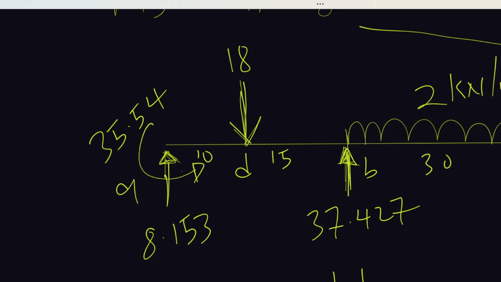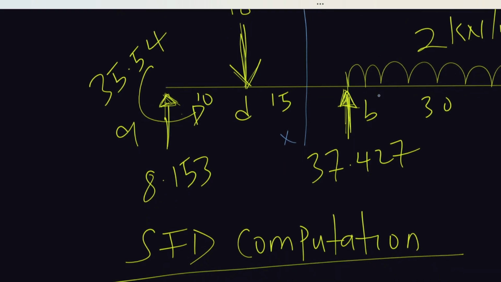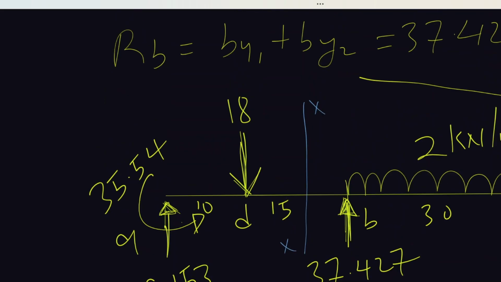So I will start my cut from here, XX. I'm doing my cut here because if I cut it here, I can find the bending moment at D and I can find it at B also. Obviously, if I also cut it here, I can find the bending moment at D, but I won't be fast.